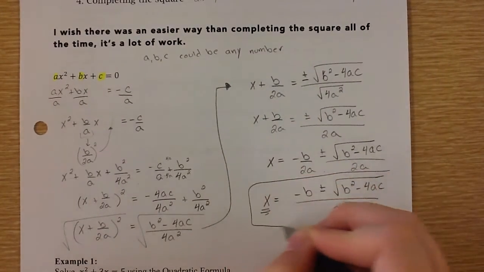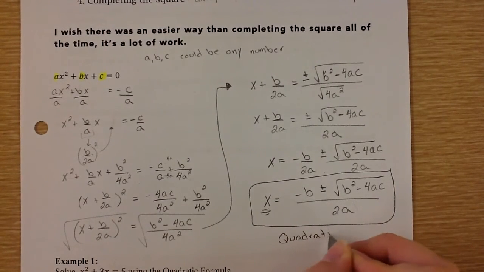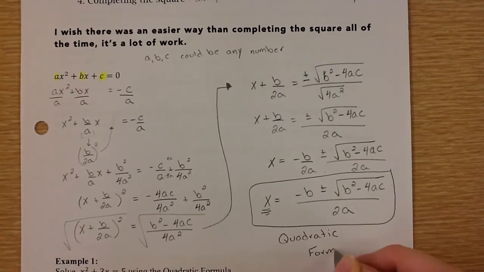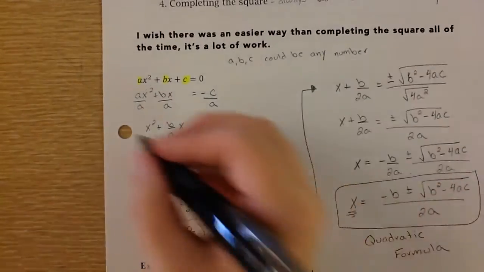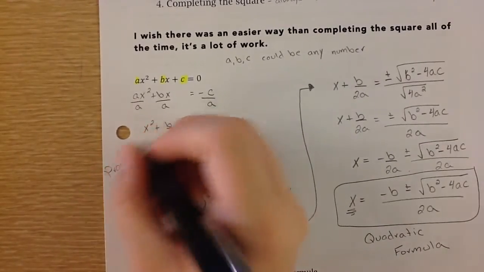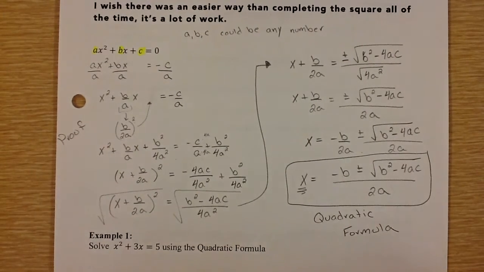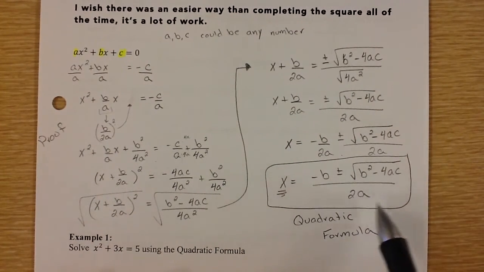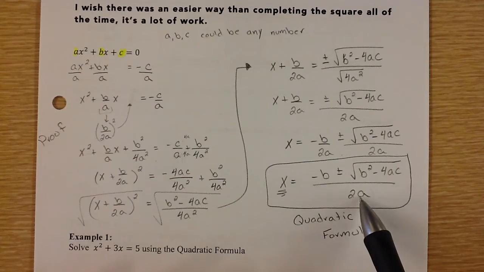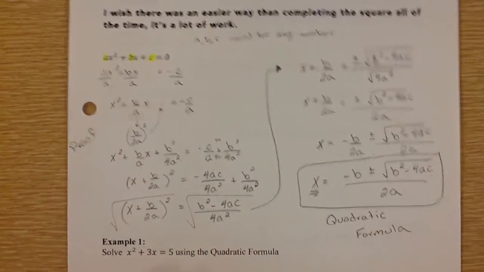This is what we refer to as the quadratic formula. And what I just worked through is actually the proof. This is the proof of the quadratic formula, where it comes from. And how this is useful is I can actually figure out what x is just by plugging in my a, my b, and my c from the original equation.